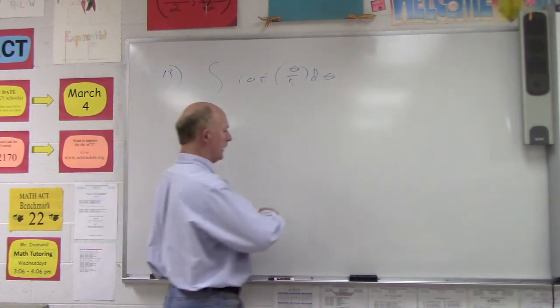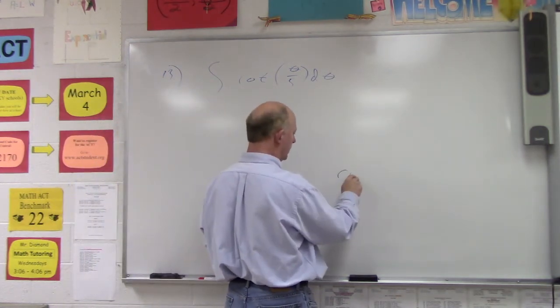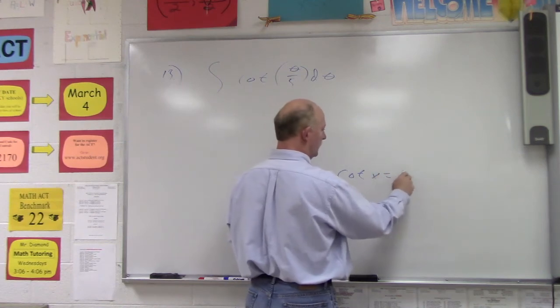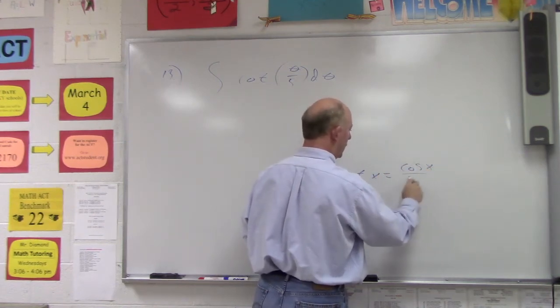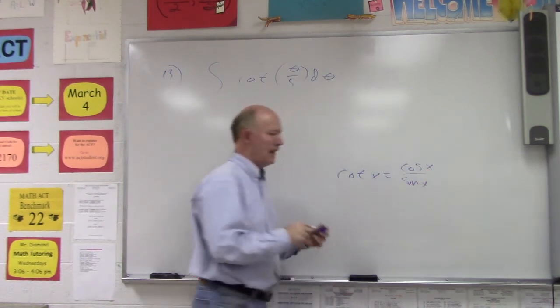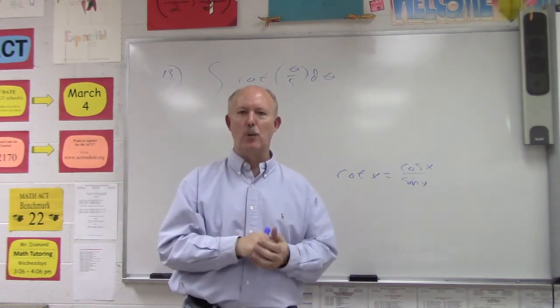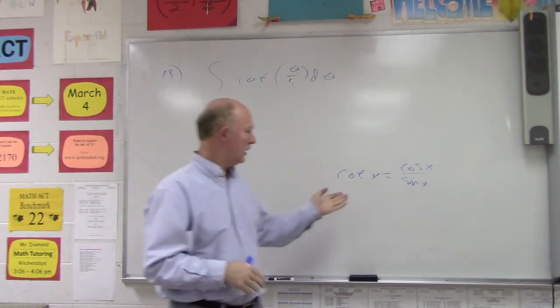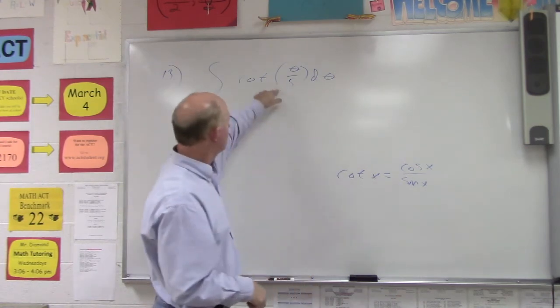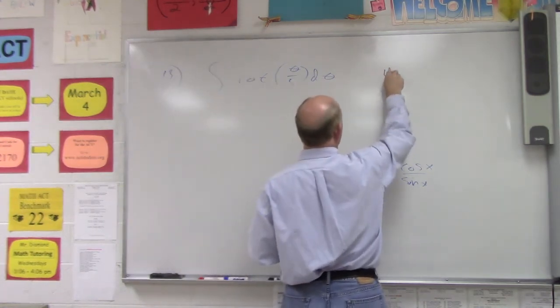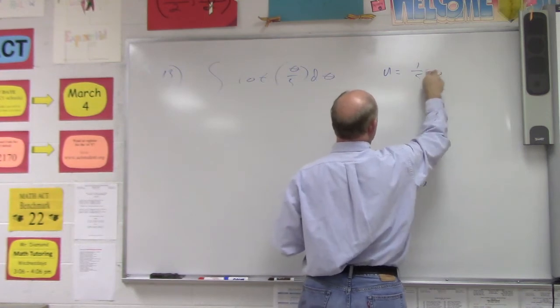Now, if you remember, cotangent x is equal to cosine x over sine x. So I need to get something like that, because that's going to give me a natural log relationship. Once you rewrite this as a fraction, to start off, I'm going to let u equal 1/5 theta.